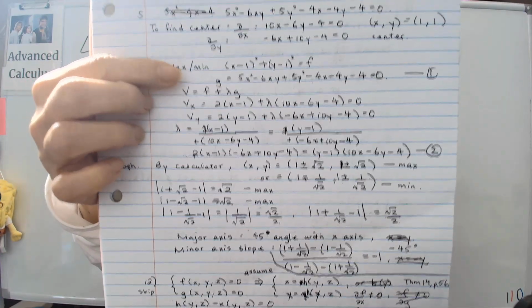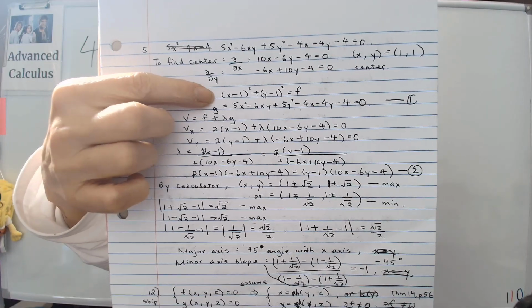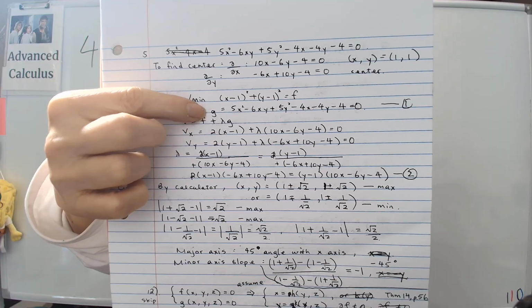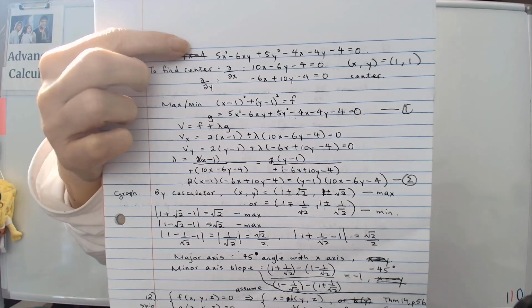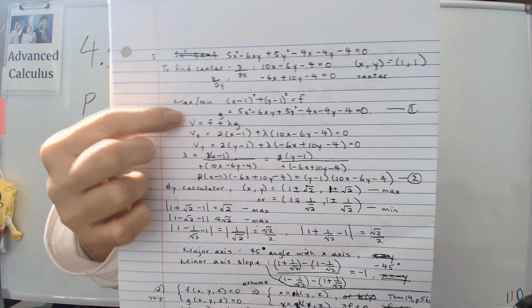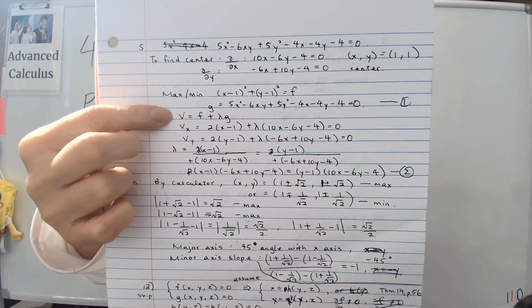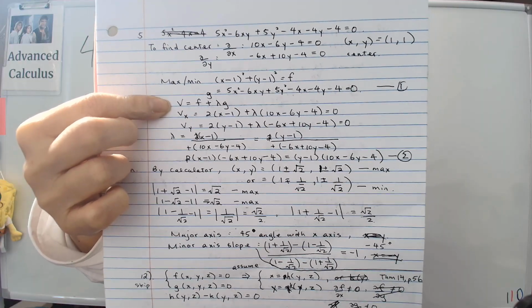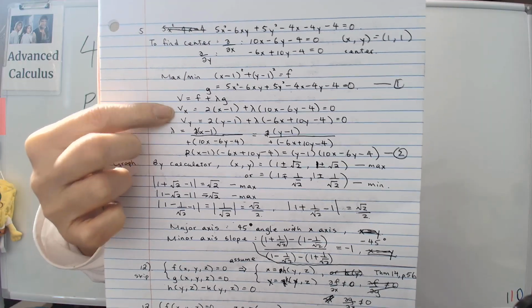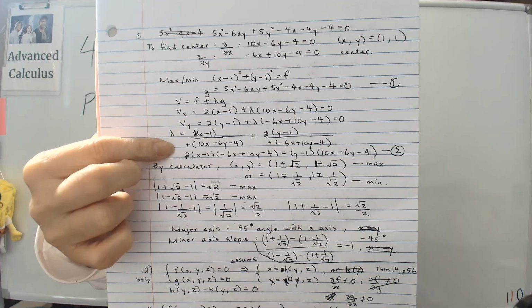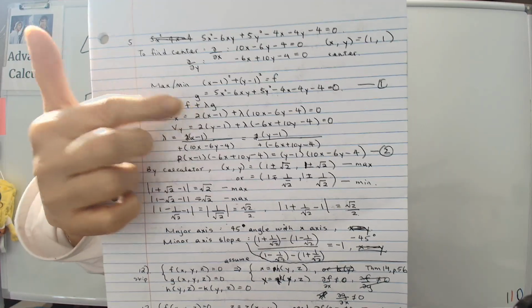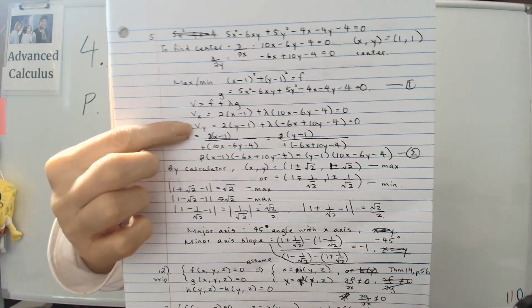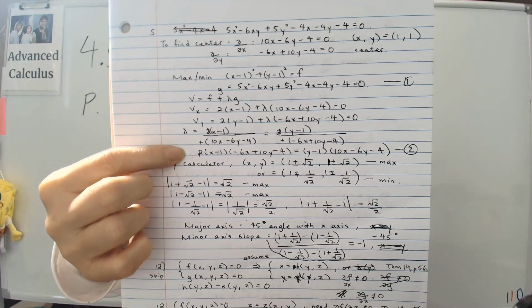So to do that, we have this. This is the relationship, and then G, the constraint, of course, is the ellipse itself. Okay, and then we'll do the Lagrange multipliers, which is V equals F plus lambda G. We'll go through the grunt work, and we come up with something like lambda equals that and that, right? Because lambda is right here.